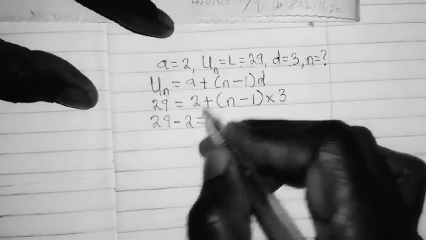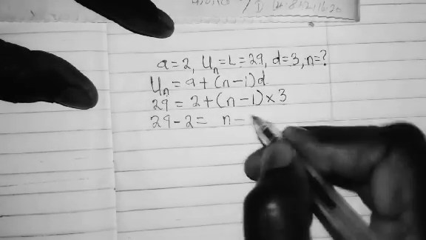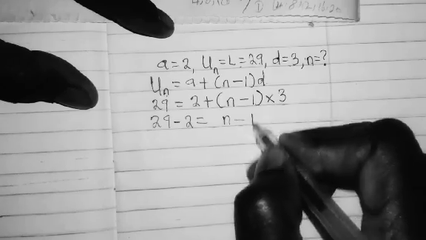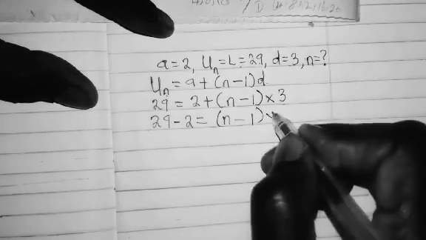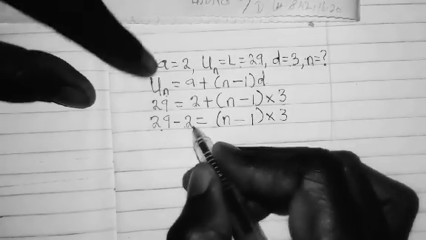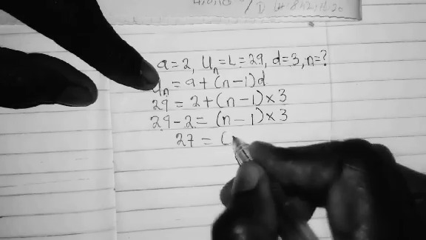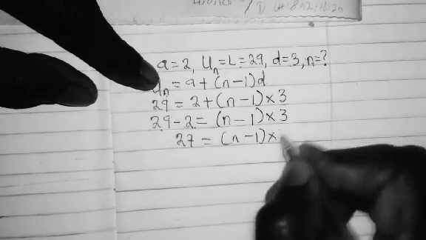So it's like saying 0 plus this. So we'll be left with everything that is here, which is n minus 1, then multiplied by 3. So 29 minus 2 will give us 27, which equals n minus 1 times 3.